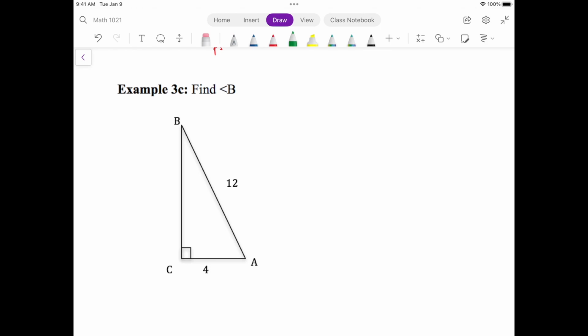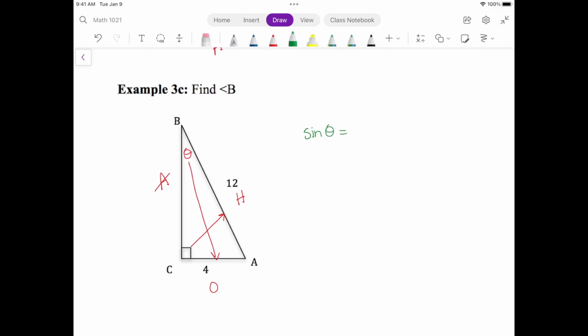In this example, we're trying to find the angle B, which is this angle right here. So that means this side is my hypotenuse, this side is my opposite, and this side is my adjacent. I'm given information about the opposite and hypotenuse, so I don't really care about the adjacent side. The function that uses opposite and hypotenuse is the sine function.